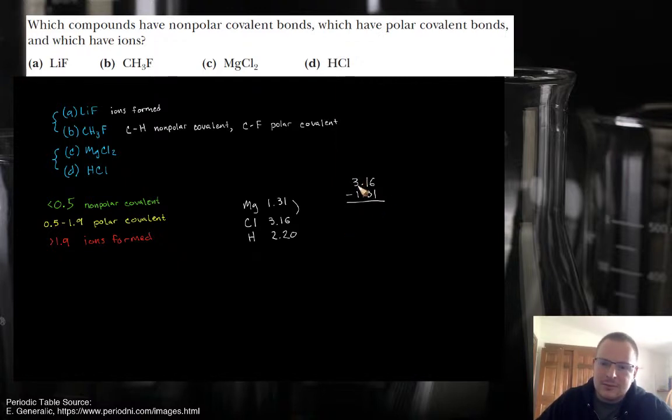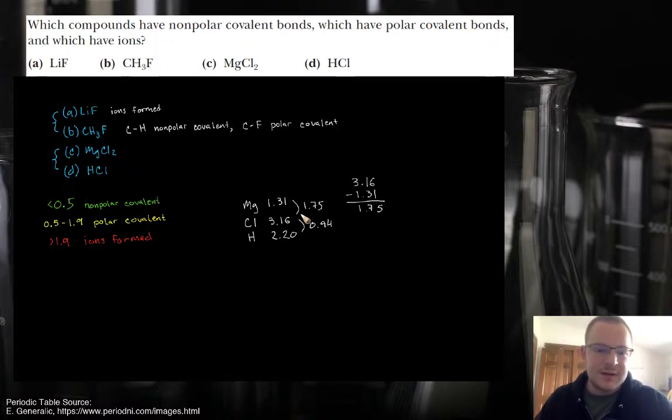So we'll just do it the right way. 6 minus 1, 5. 10 minus 3 is 7. 2 minus 1 is 1. Oh, well, I was right. It is 1.75. And then the difference between chlorine and hydrogen is 0.94.